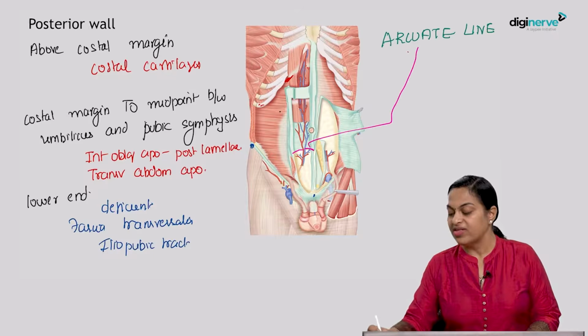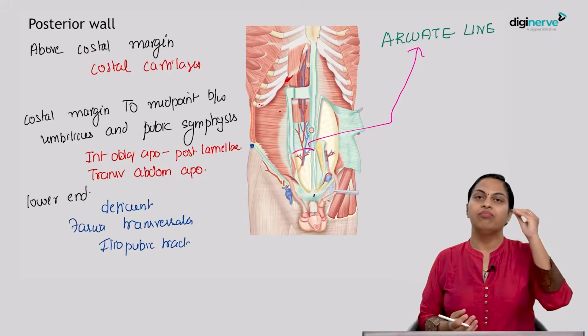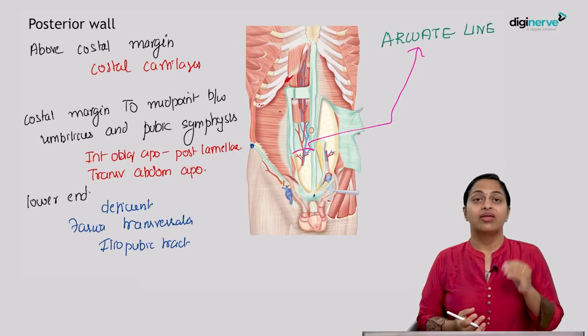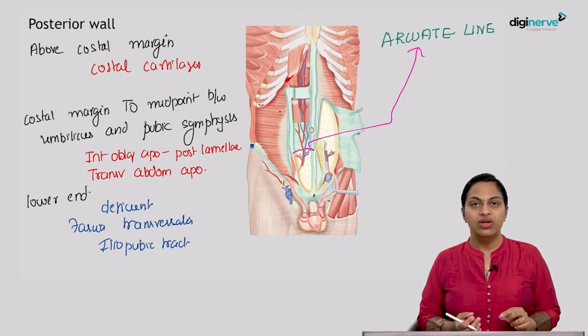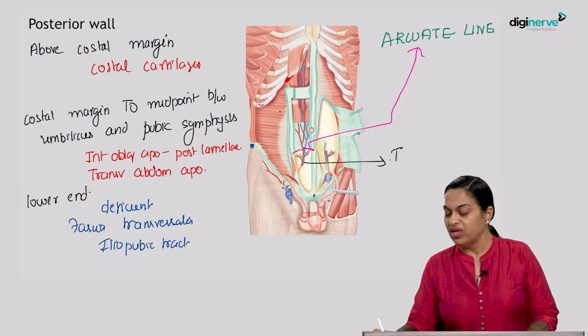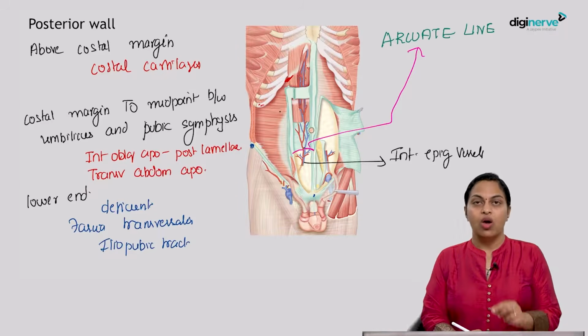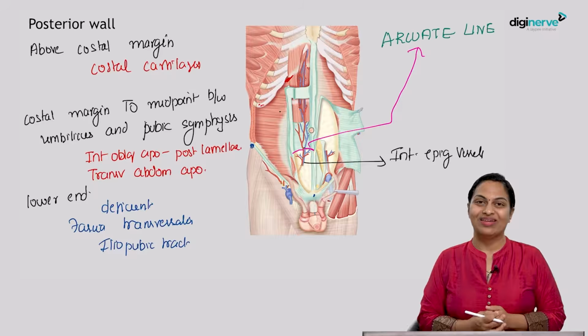This is called the arcuate line. This is one important landmark. It represents the lower limit of the posterior wall of rectus sheath. And yes, you can identify the entry of the inferior epigastric vessels into the rectus sheath opposite this arcuate line.